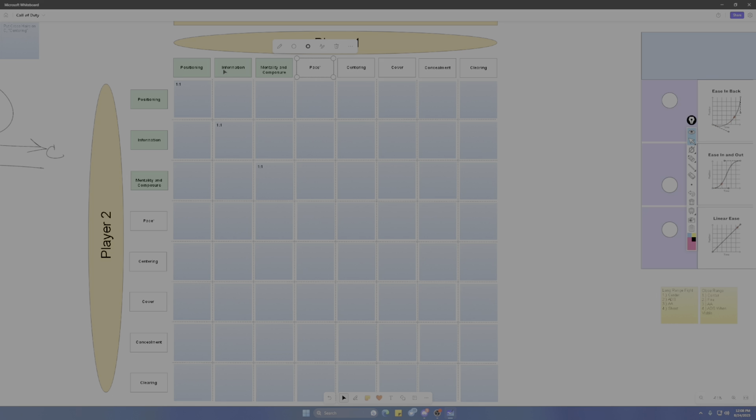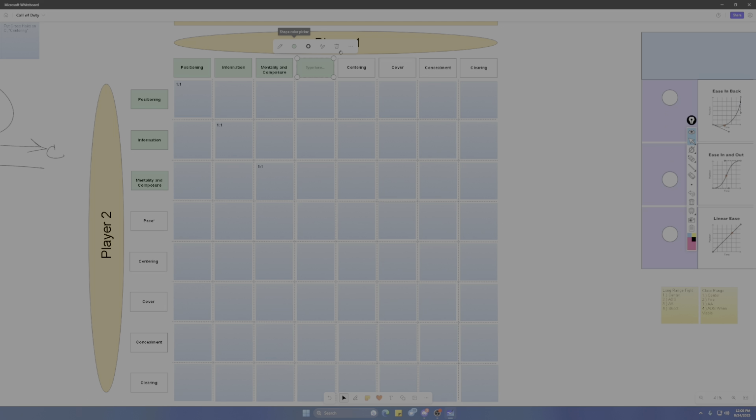Some of these overlap, like information and centering, clearing. Positioning and information definitely overlap with cover and concealment. But pace needs to be in check. You need to understand pace, and assuming both are equal in positioning, information, and their mentality and composure, but one lacks the pace, then player one is going to outpace player two.